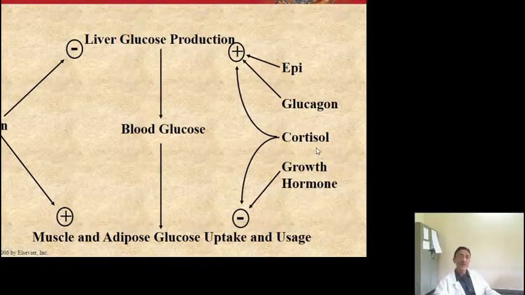Cortisol, however, has influence on both sides. At the production level, it increases liver glucose production, whereas acting on the muscle and adipose tissue, it decreases their uptake. So cortisol has a dual role: it increases production, while on the muscle and adipose tissue it inhibits uptake.